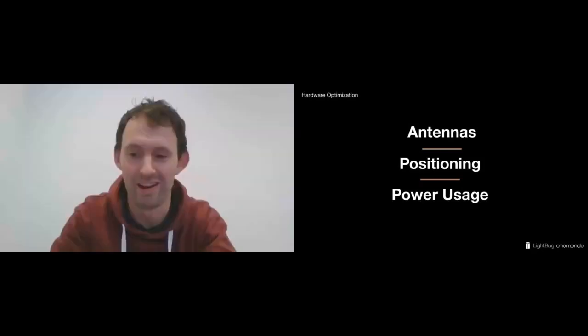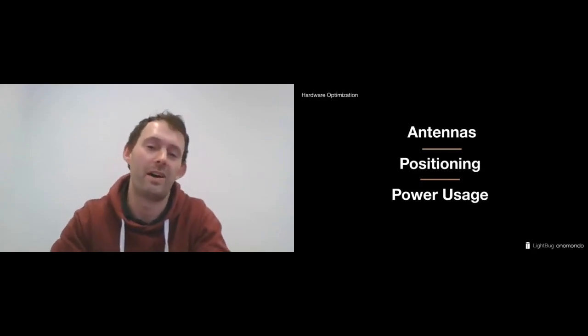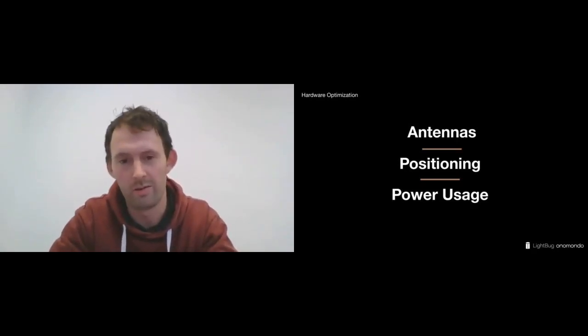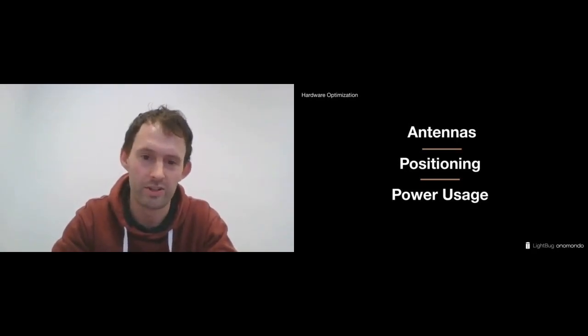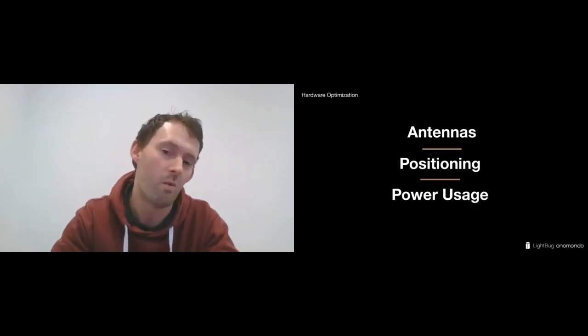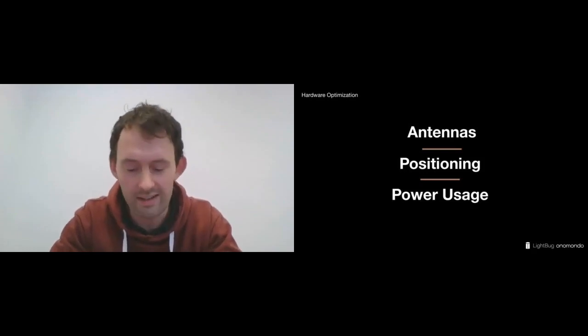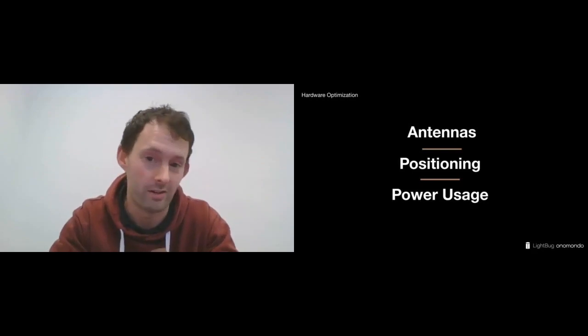I think this webinar's a bit too short for the list of mistakes, but with regards to how we go about things, it's always about the use case first. So we start with really basic things like what is it tracking, where is it going to be, how big can the device be. It sounds simplistic, but the bigger the better on the antenna side.